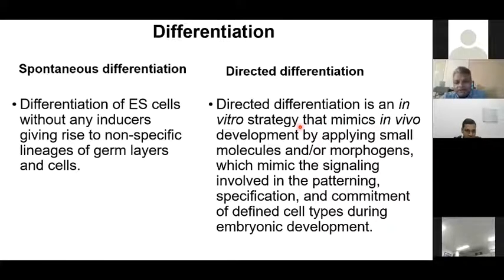They direct, specify and commit these cell types to undergo a definitive lineage, and they can generate just the organ or just the cell types determined by those growth factors, because those growth factors act on specific signaling mechanisms, due to which they differentiate into the specific lineage of cells.